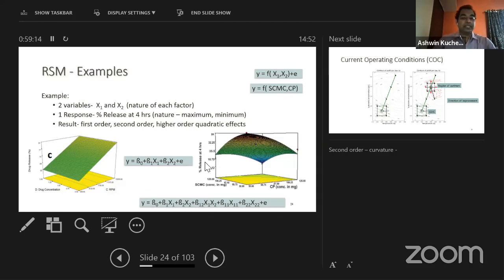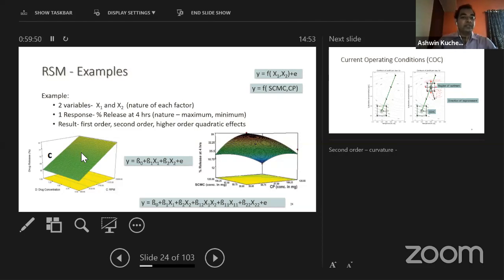The first order and second order equations will be totally different. While designing or using the software, sometimes we get a linear model by default, and sometimes a quadratic model by default. The linear model tells us that the response is governed only by these two factors and no quadratic terms are involved. If the software selects quadratic terms, the curvature term should be there, because if you are going for response surface methodology, the curvature term should be there, and then it will be called response surface methodology.